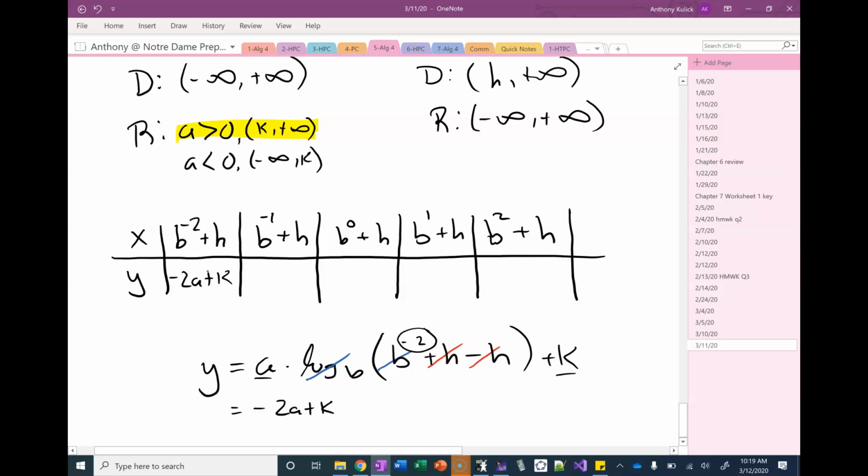So the point of picking our x's in this way is they allow us to cancel the exponential and the logarithm to leave us just with a's and k's, basically, right? So if I continue filling out my table, those are the rest of my values for the y coordinates.